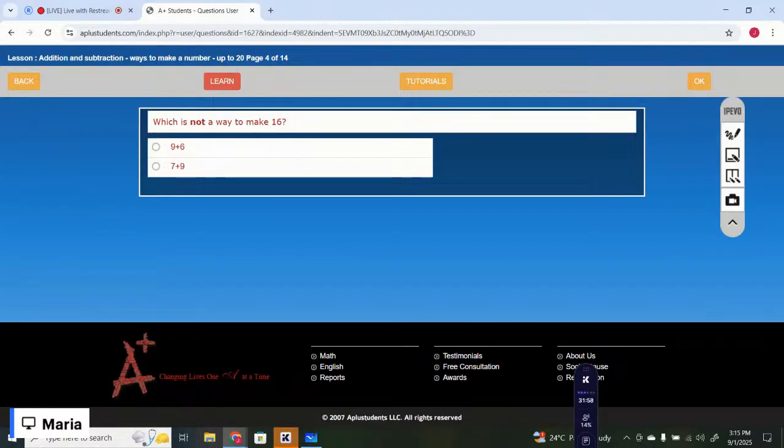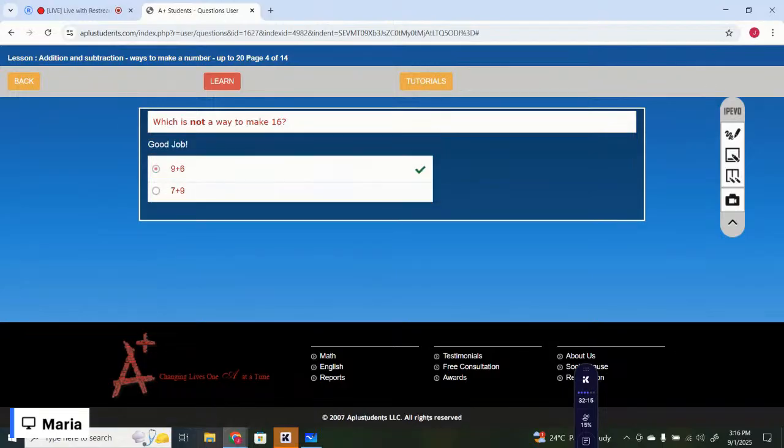Which is not a way to make 16? That is 9 plus 6, because 9 plus 6 doesn't make 16. 7 plus 9 makes 16. Option number 1 is the correct option.